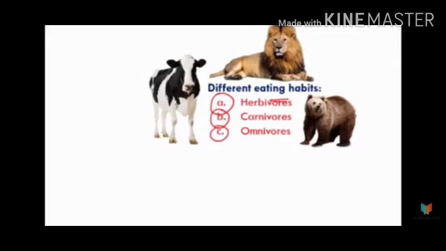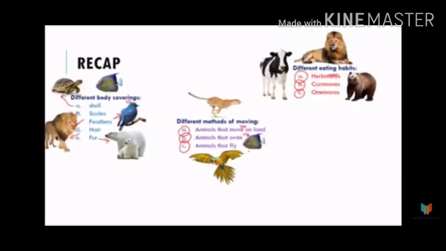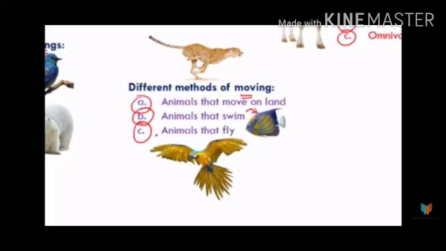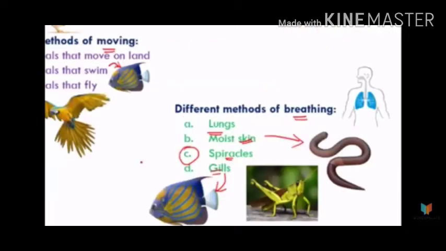In this we learned herbivores, carnivores, omnivores, their characteristics as well as their examples. Then we looked at different methods of moving. In this we learned animals that move on land, animals that can swim, or animals that can fly, as well as their examples.